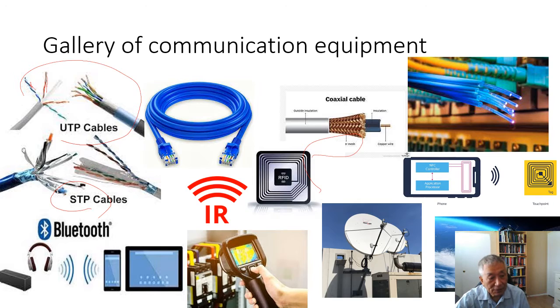So there's the one that is shielded. Sometimes you cut open this cable, and there's something like aluminum foil wound around it. Sometimes each of those pairs is also shielded.